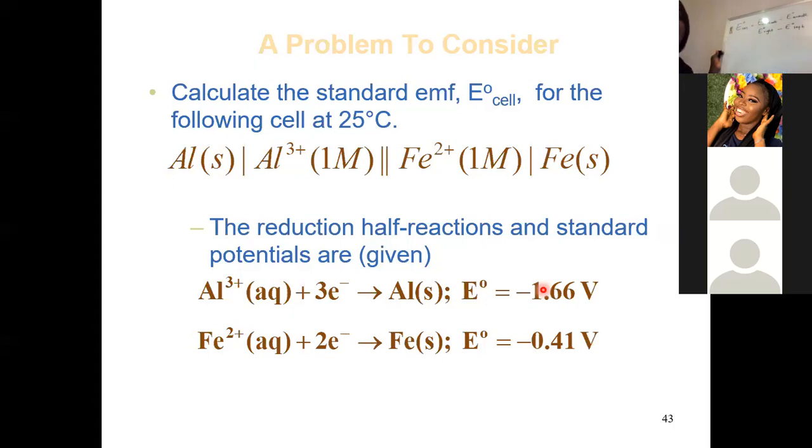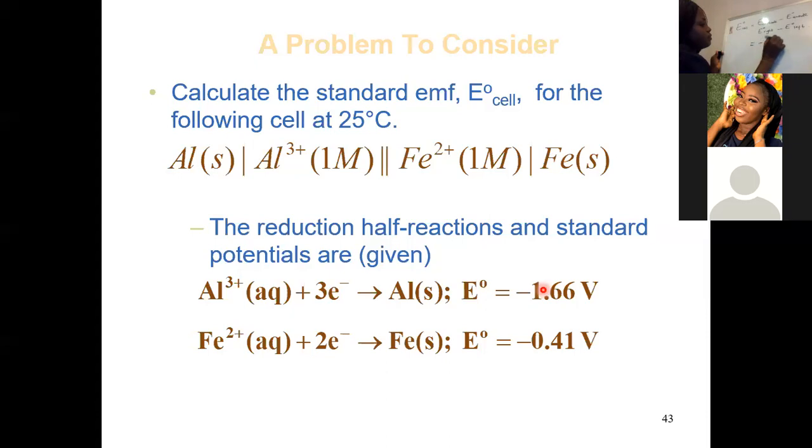If you have identified which is your cathode, which is the Fe, what's the E naught value for the cathode? Minus 0.4, and then minus, minus 1.66. Everything is in volts.